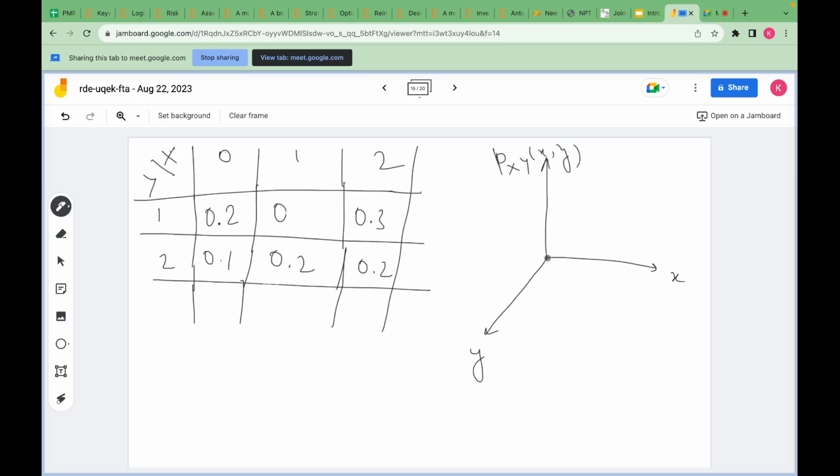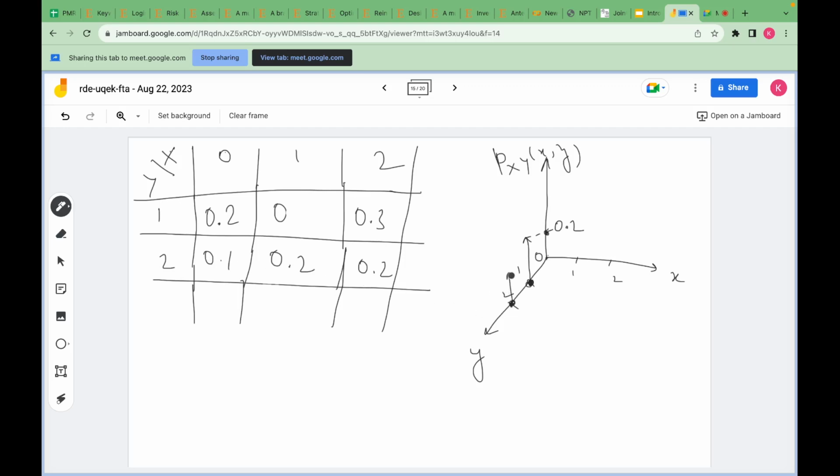So this is 0, 1, 2. This is 1, 2. When x is 0 and y is 1, the probability mass function takes the value 0.2. When x is 0 and y is 2, the value is 0.1.